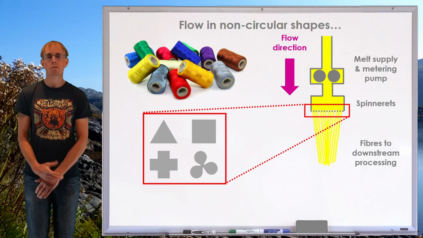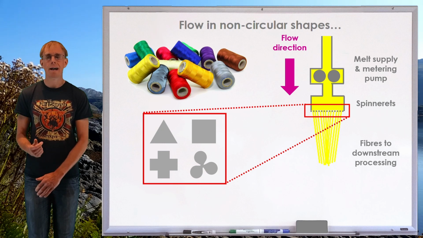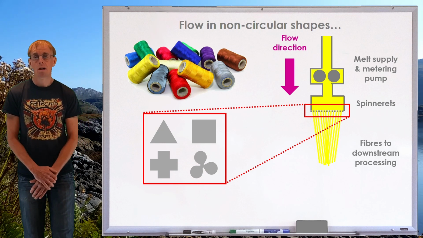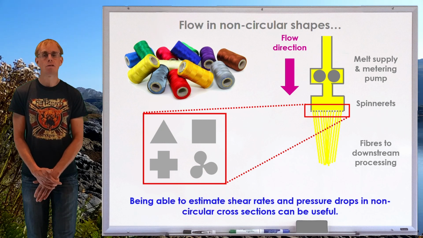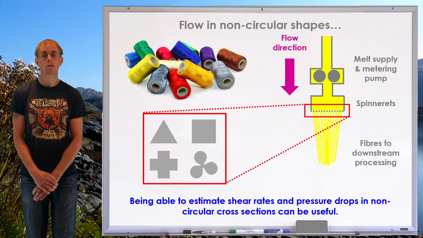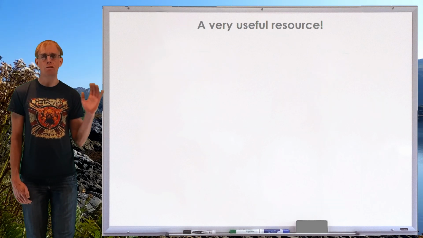And so the flow field in each of these different shapes isn't going to be the same as a flow field through a circular cross-section. So there may be a use for being able to estimate shear rates and sometimes pressure drops in these non-circular cross-sections.